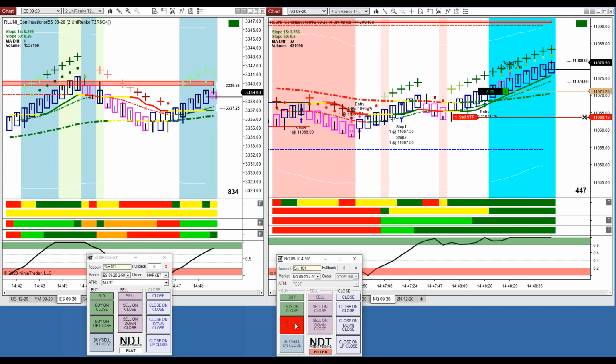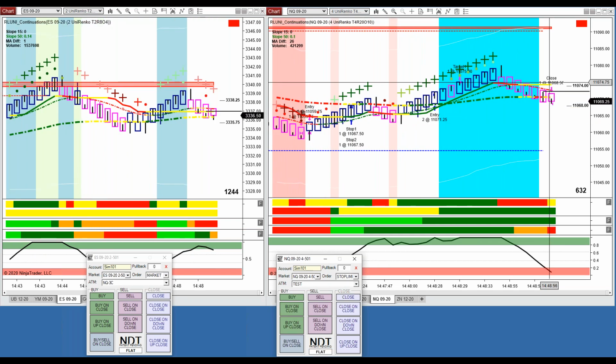See if we can get it to go. We're at 5 points. This line's irrelevant. You watch this color. Order filled. Took us out, took you out.